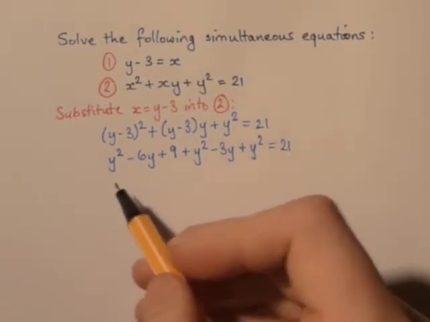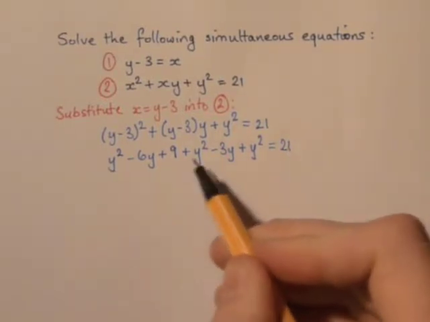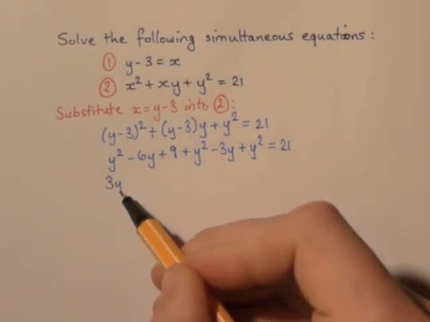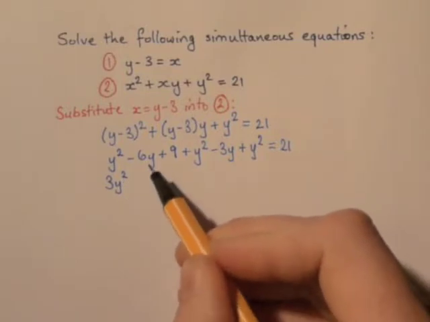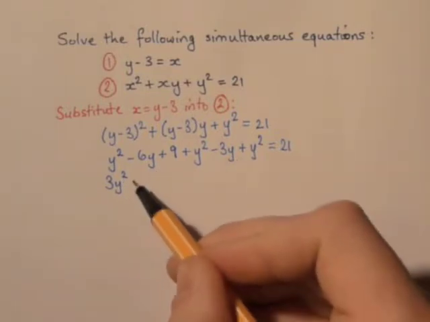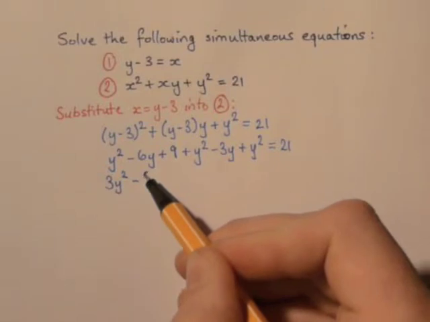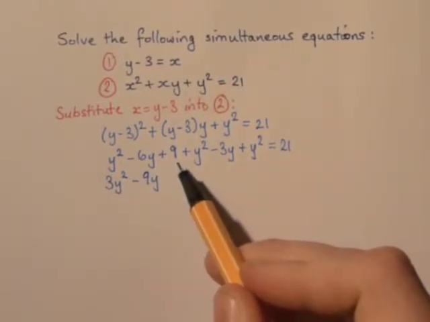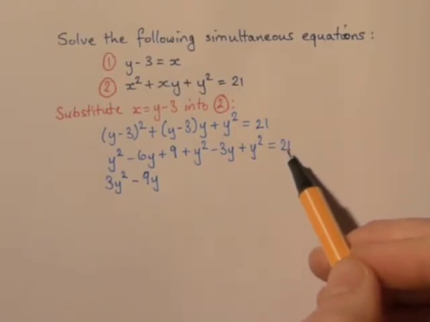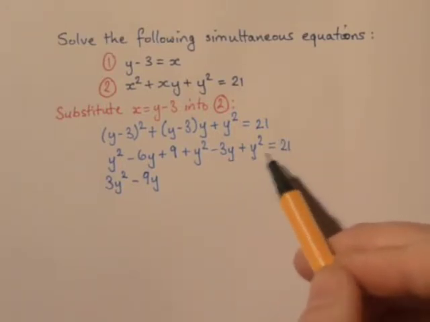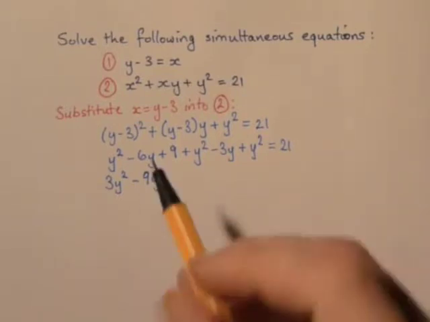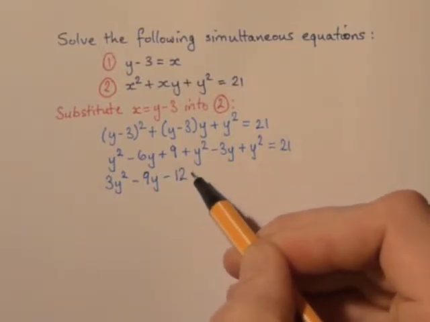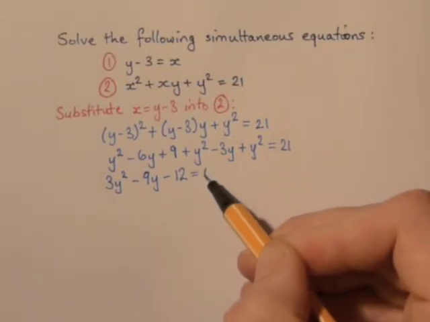Let's collect like terms. I'm going to have y squared plus y squared plus y squared, so I have 3y squared, minus 6y minus 3y, which is minus 9y, and then I've got 9, and if I bring the 21 over by subtracting 21 from both sides, I'll have minus 12, and that's equal to 0.